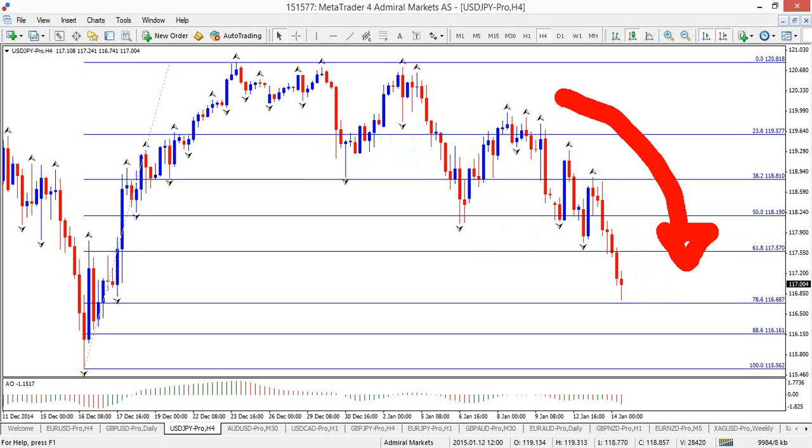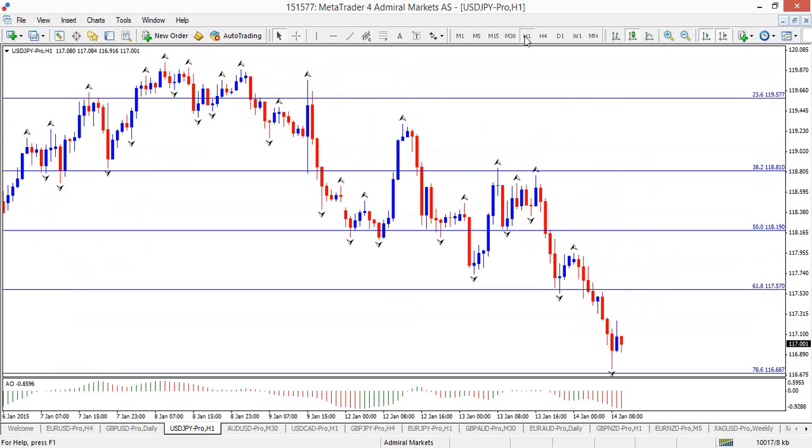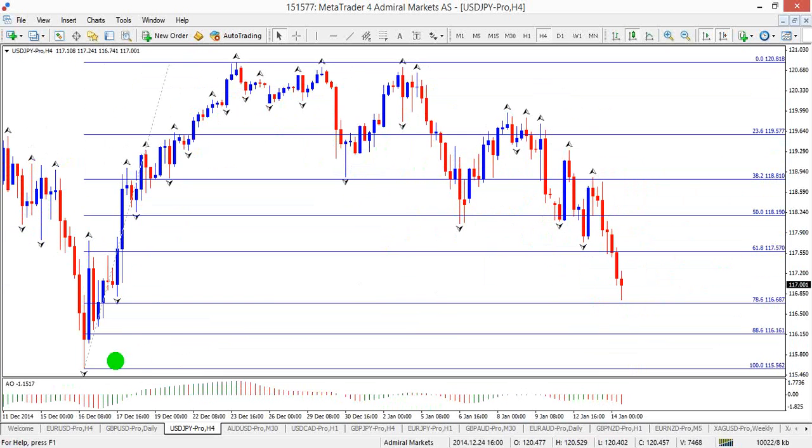One of the reasons, because of the dollar, I also liked the pound yen as well. And we see that we got to the 78.6 fib, which I think was a potential spot, right? Now we never know. Stop loss could be below here. Could even be below the 78.6, although that's very tight.